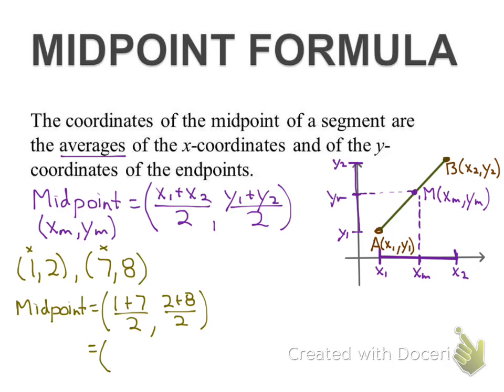I get 8 over 2 and 10 over 2, which gives me 4, 5. 4, 5 is the middle of 1 and 7, and 2 and 8, so that is my midpoint for those two points.